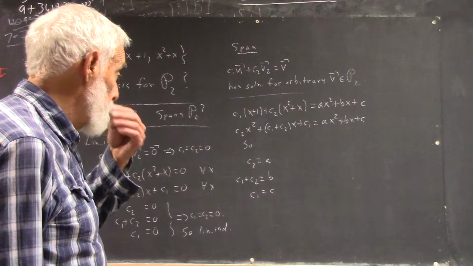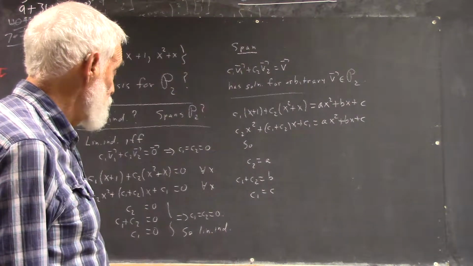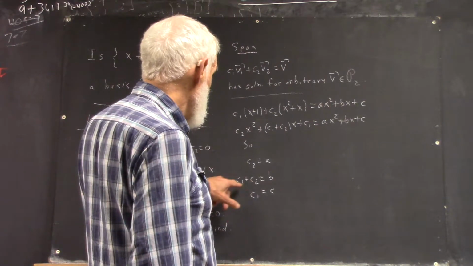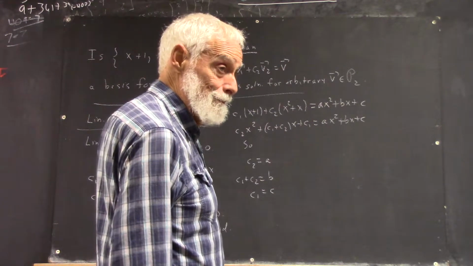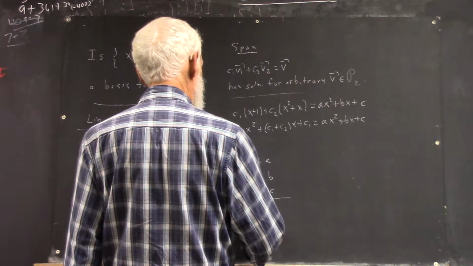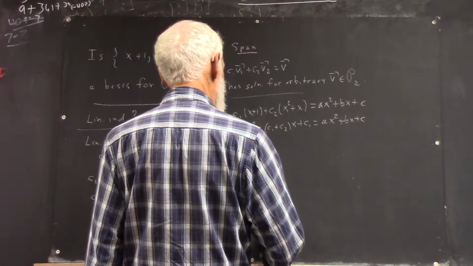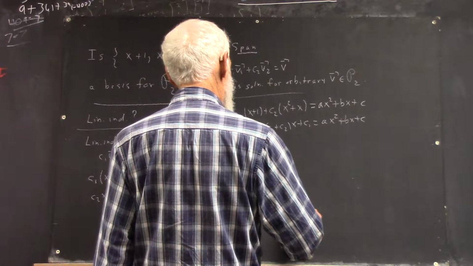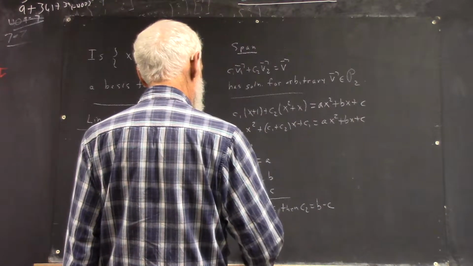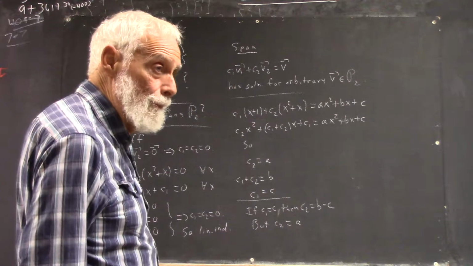Okay, can you solve that for C1 and C2? Well, if C1 equals c, C2 has to equal b minus c. Right? But C2 also equals a.